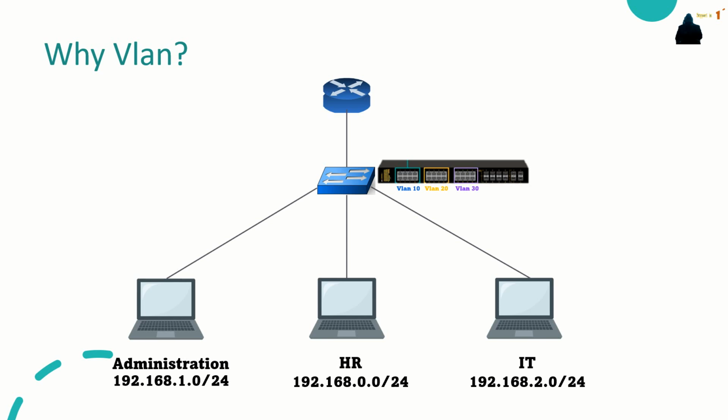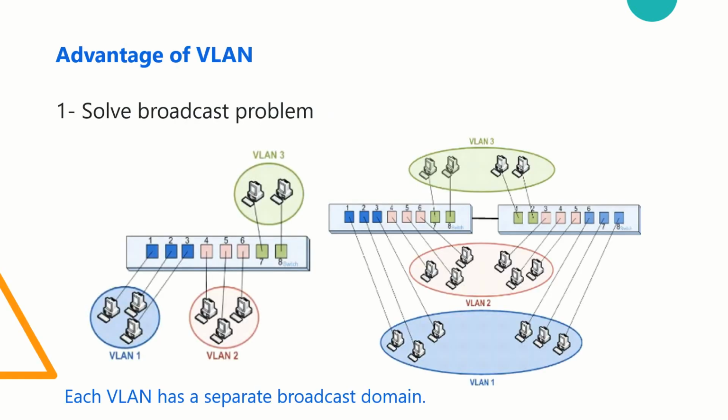For example, ports 1 to 8 assigned to VLAN 10, 9 to 16 assigned to VLAN 20, and 17 to 24 assigned to VLAN 30. And in this situation, all the devices can communicate together.